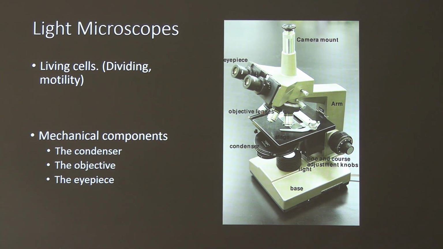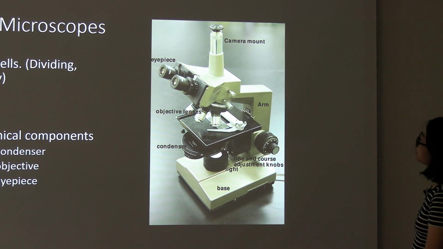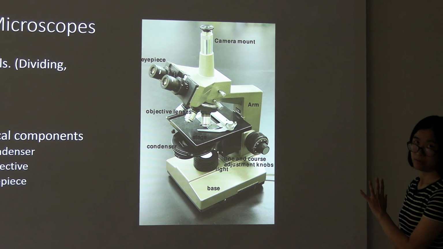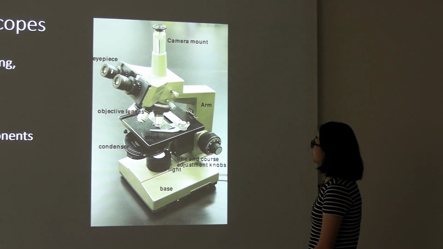For example, if you want to see the cell division process or the swimming behavior, as you were shown in the last lecture, you can use light microscopes. And this photo shows you some of the mechanical components, or basic structure, of a light microscope.